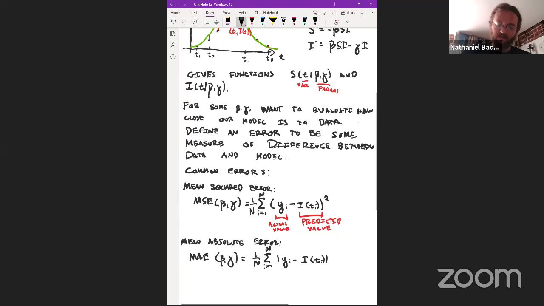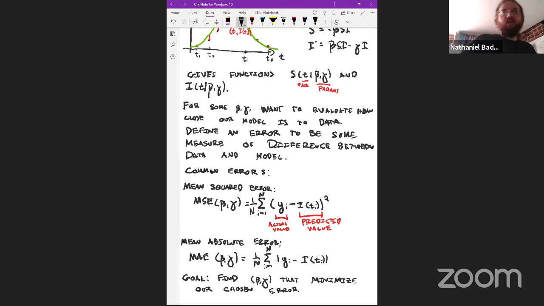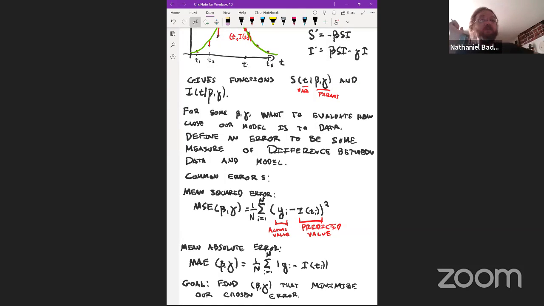So if this is the error, then our goal, so let me see what our goal is before I start. Find beta and gamma to minimize the error. To minimize the chosen error. Great. So that's our goal.